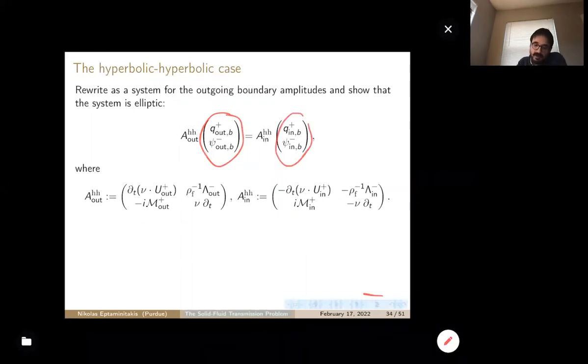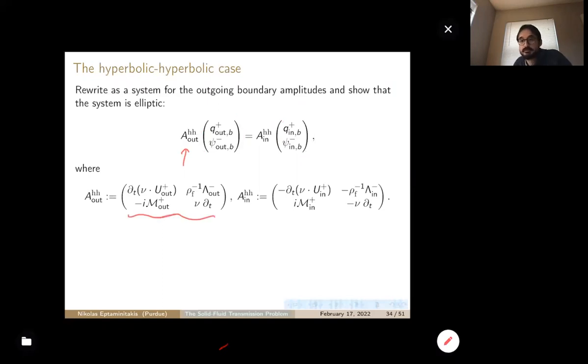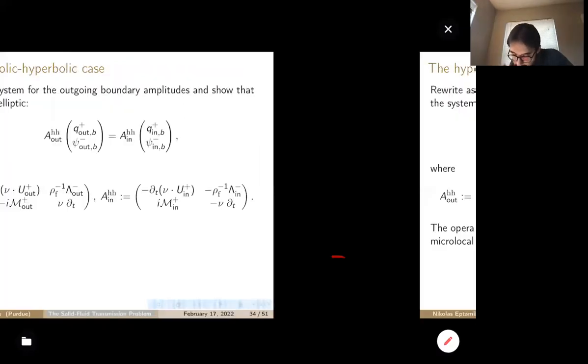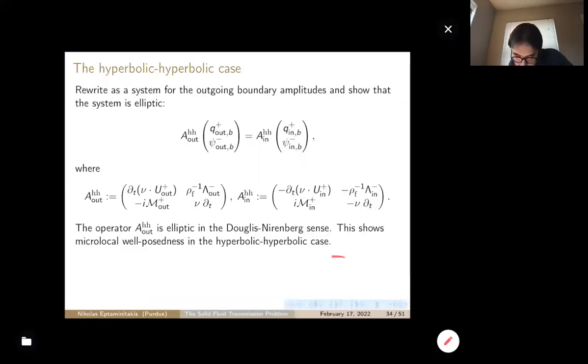So here you have a pseudo-differential system which has a symbol which is given in terms of the various operators by this expression. It can be shown that this operator is elliptic, and therefore you can recover the outgoing waves. Which shows microlocal well-posedness in this case.